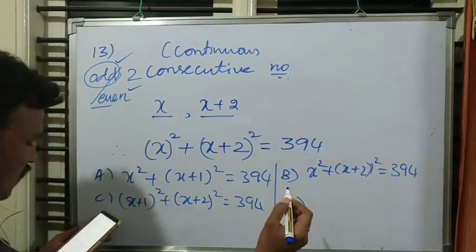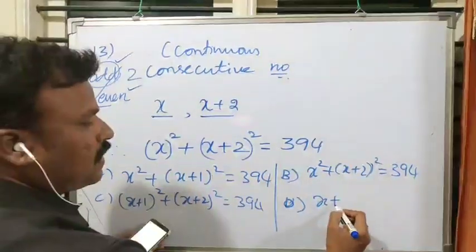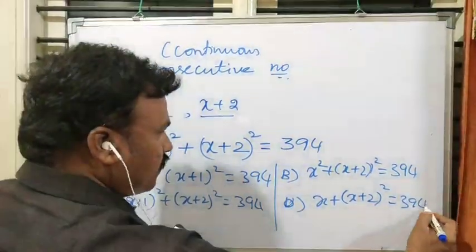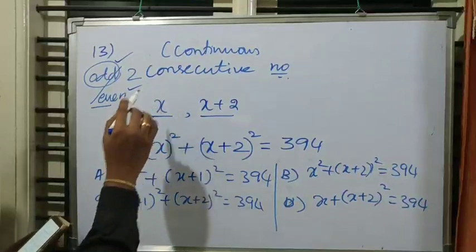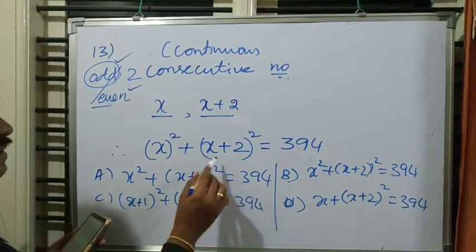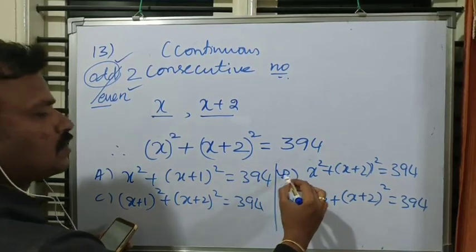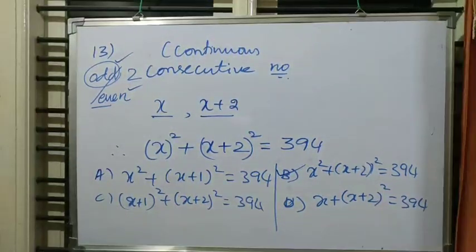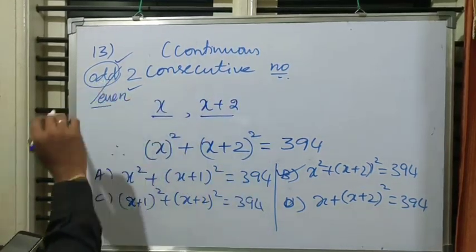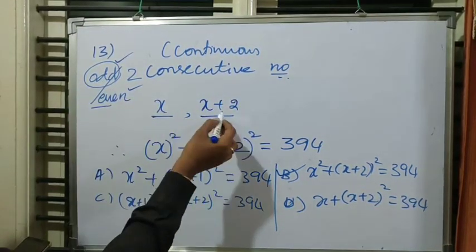Option D is x plus x plus 2 whole square is equal to 394. According to the given statement, compare with these, and option B is the right answer. You got my point? Two consecutive odd numbers means x and x plus 2 we have to take.